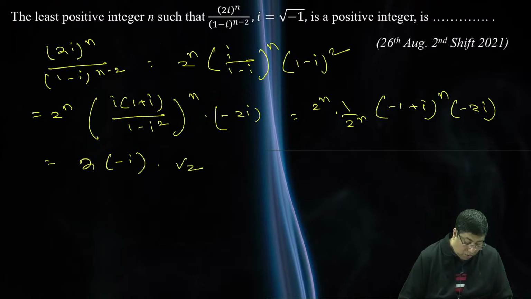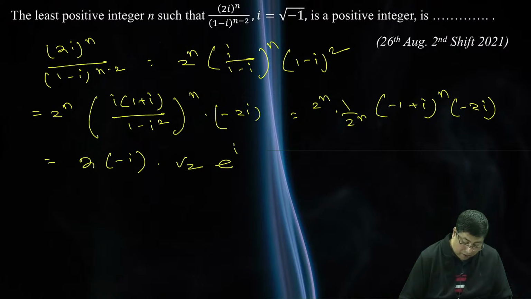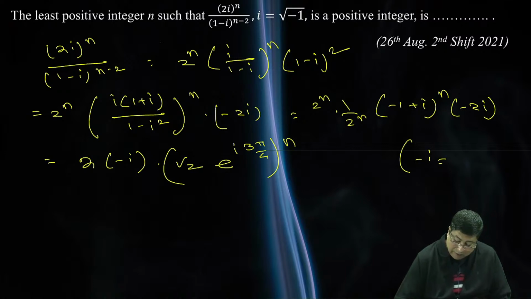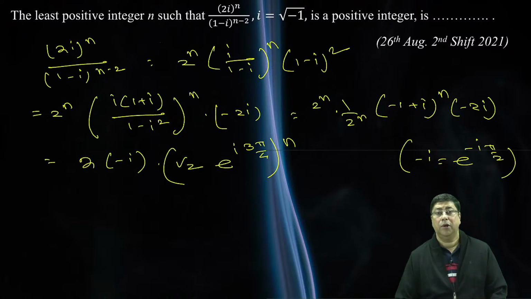So, we can write this as 2 into -i into root 2 times e^(i 3π/4), whole to the power n, and -i means e^(-iπ/2), because i equals 0 + i, similarly -i equals 0 - i.